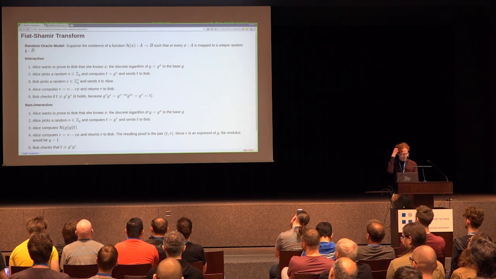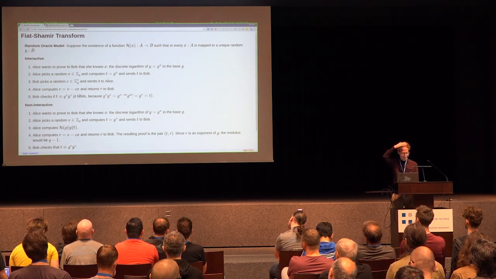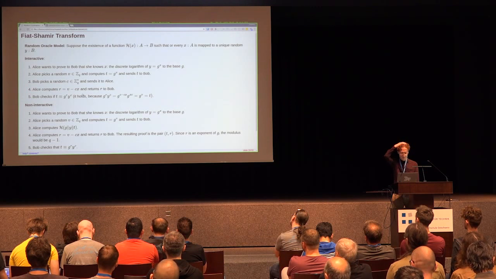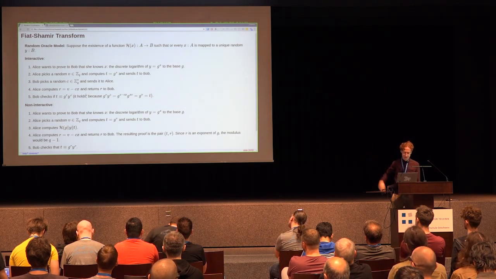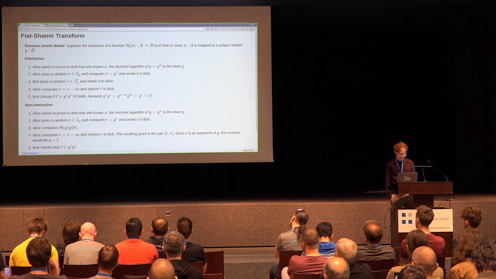So it's the same proof sequence for the non-interactive version, except that the information that Alice packs into the payload that she sends to Bob basically involves the hash of the base point, the output of the exponentiation, and then the random blinding factor.